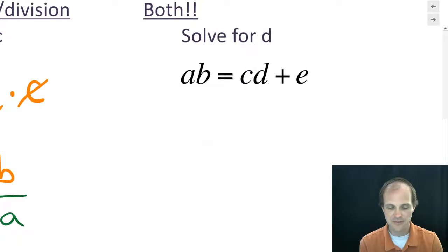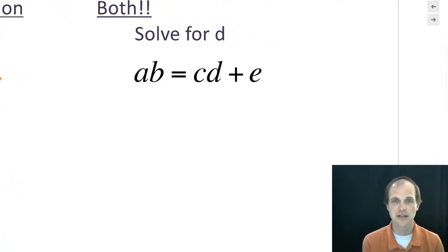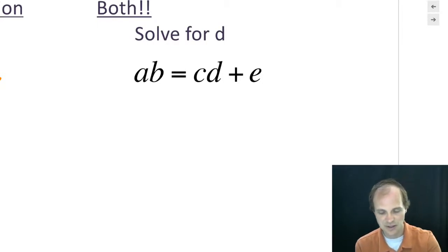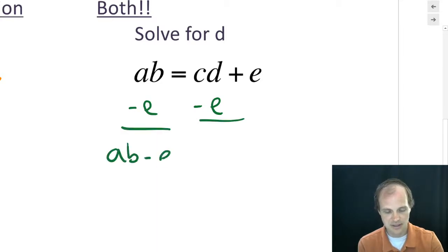Occasionally we have both addition and subtraction, multiplication, division. We need to solve for it. So let's go ahead and solve this one for d. The first thing we need to do is actually get rid of the e, because if we just divide both sides by c, then we've still got e over c on the right, and it gets a little harder. So I'm going to subtract off e from both sides. And so I get ab minus e. These guys cancel.